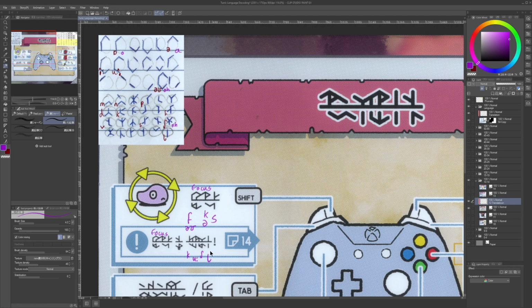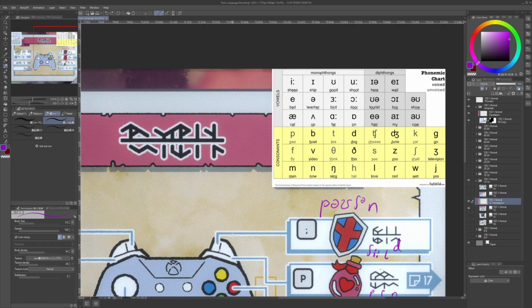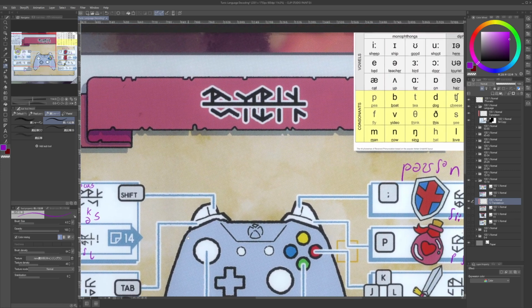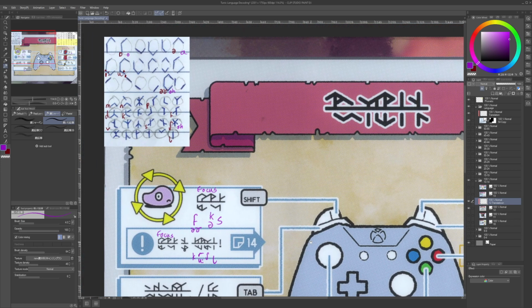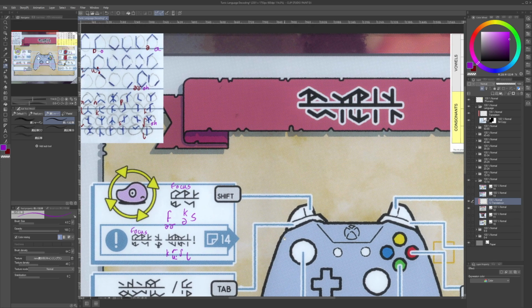So this is a R sound, which R over here is just R. I don't know why it's upside down in this phonetic thing, but we have that down as an upside down crucial. Maybe that's an I sound?